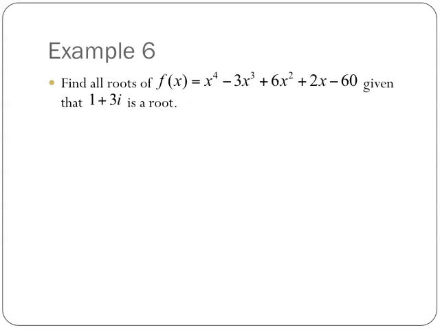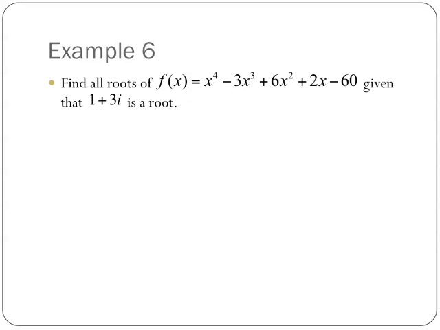Now you're told that 1 plus 3i is a root, so that is a complex, in particular, an imaginary root. Since it is an imaginary root, you know that its complex conjugate must also be a root. So not only is 1 plus 3i a root, you know that 1 minus 3i is also a root.